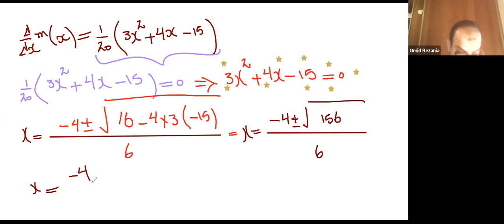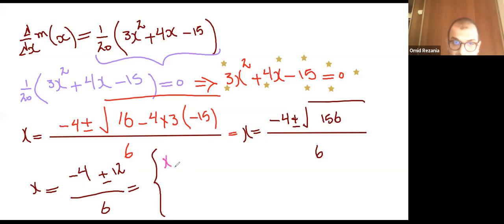Okay, then we have a square root of 156. How much is that going to be, guys? The square root of 156. The answer is going to be almost 12. Okay, it becomes plus or minus 12 divided by 6. Then for the x, we get 2 answers.